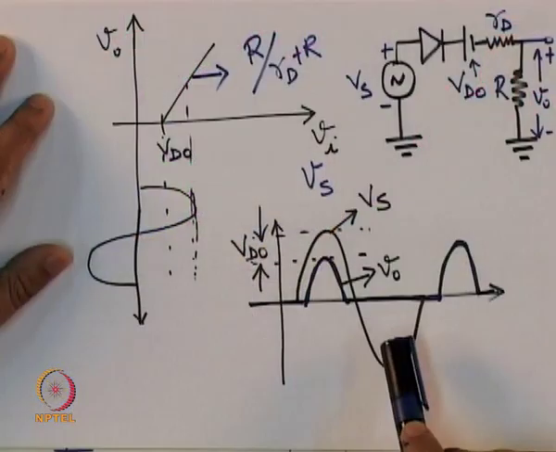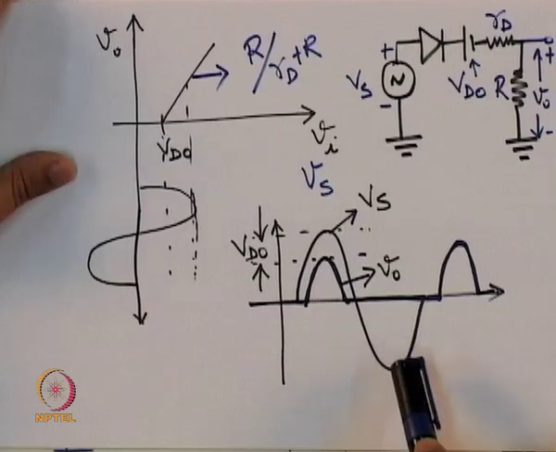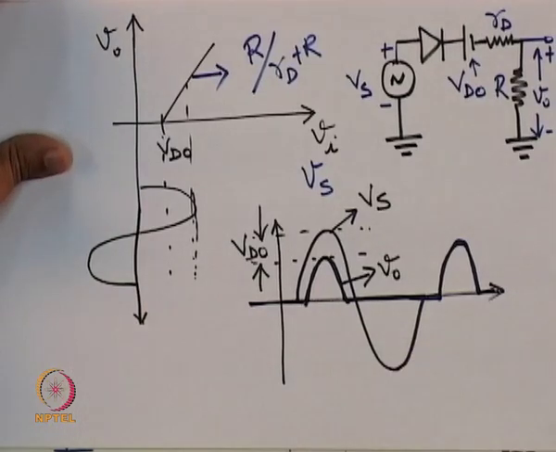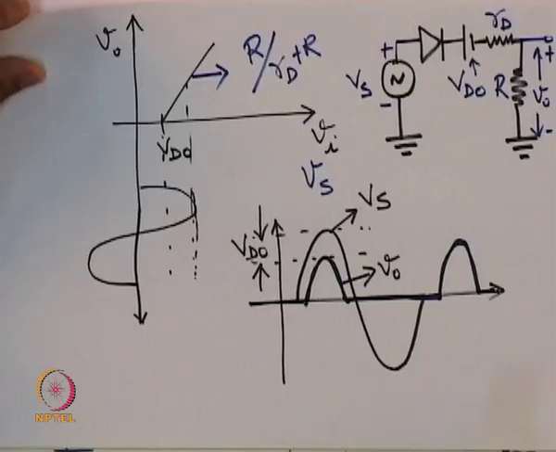In order for us to rectify the circuit even during the negative half cycle of the input, we need to modify the circuit, and the circuit we obtain is known as a full wave rectifier.